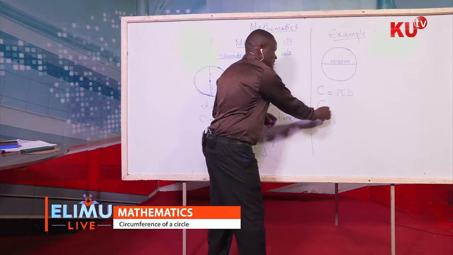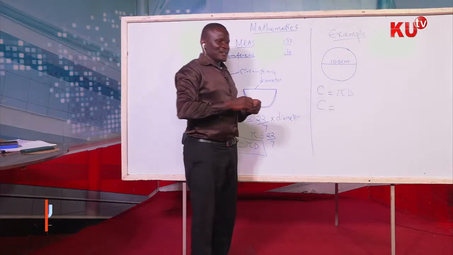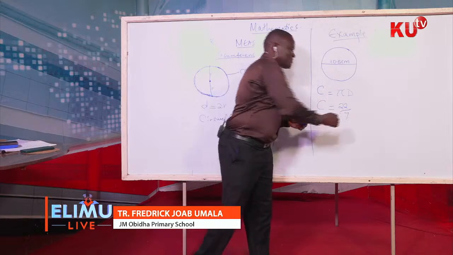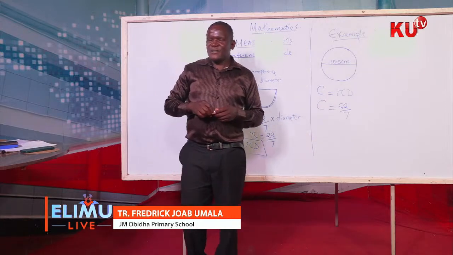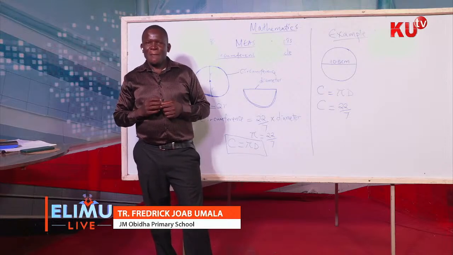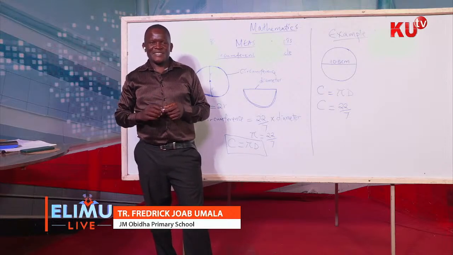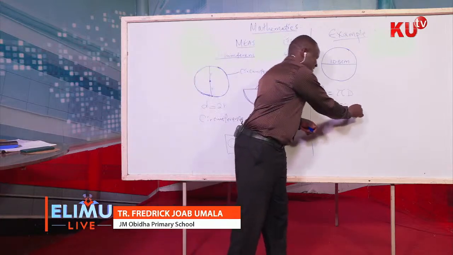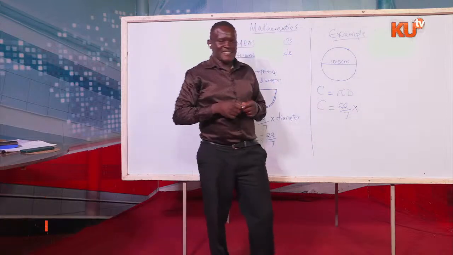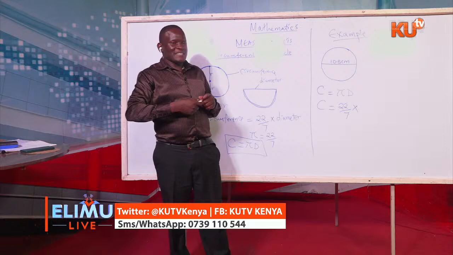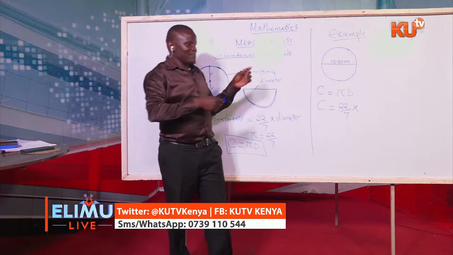So circumference therefore will be equal to 22/7. When I write 22 over 7, I believe you all know what 22 over 7 represents. It represents pi, then times d. D represents our diameter, the diameter of a circle.